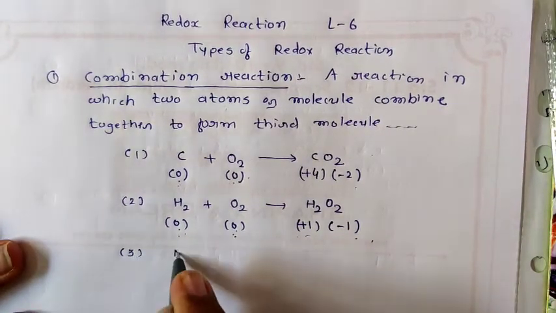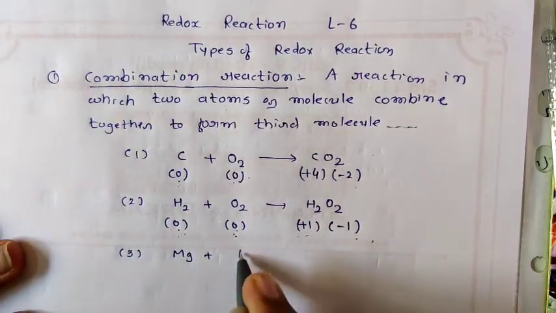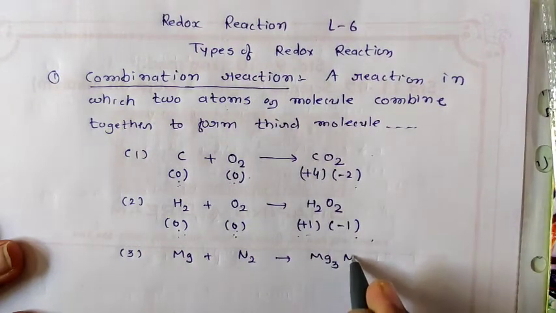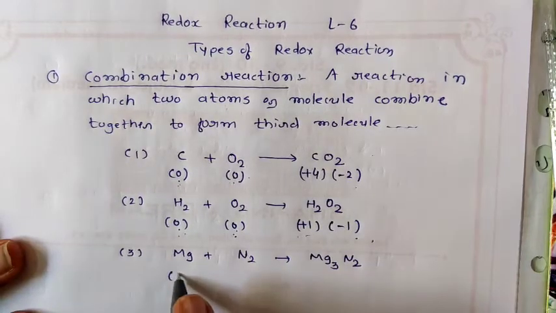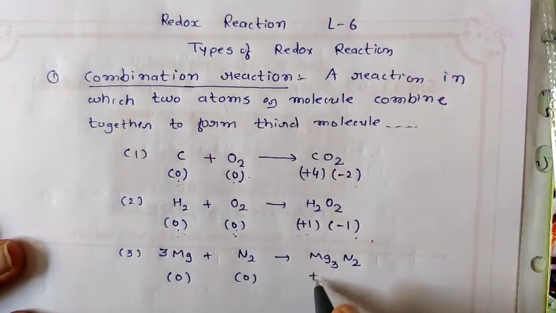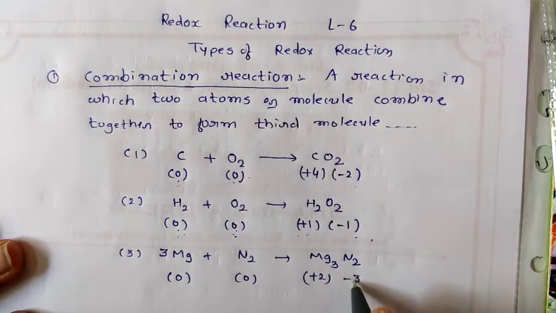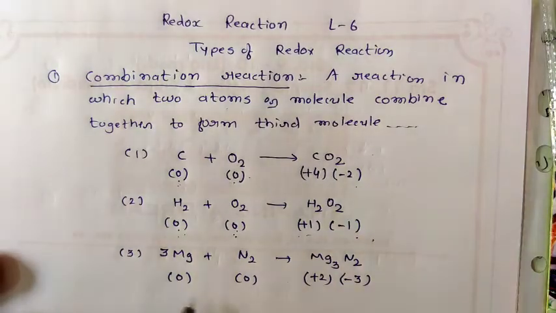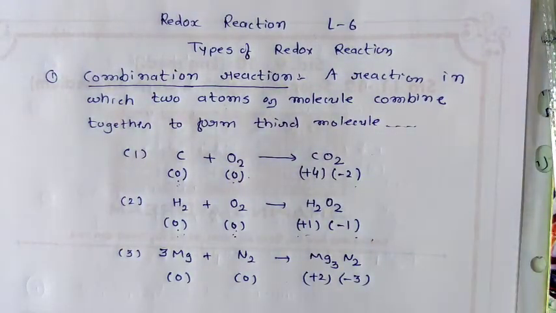I will give you a third example for this. Mg plus N2 gives Mg3N2, with plus 2 and minus 3. Again see this important point: Mg and N2 combine with each other.